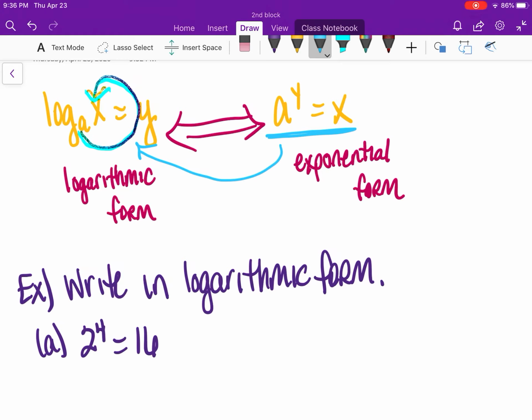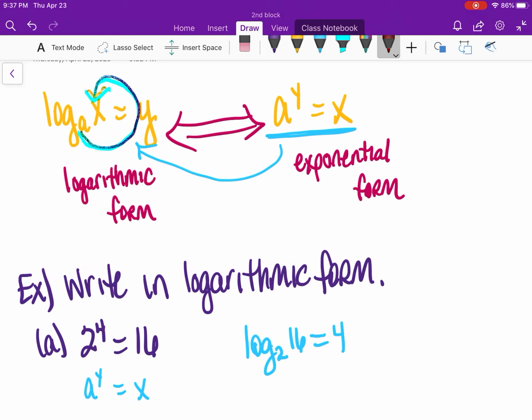A to the y, well, we have 2 to the 4th. So that makes my 2 a, my 4 is the y, and my 16 is the x. So when I write that, I say log, and my a is 2, my x is 16, and that's equal to my y, which is 4.